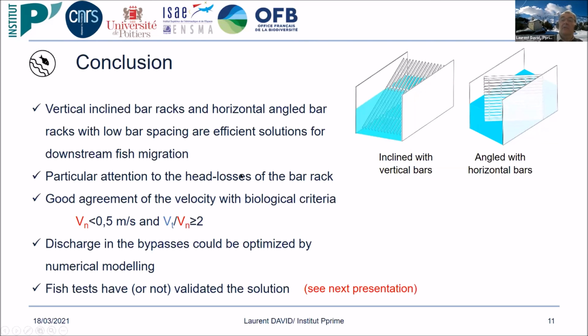Also, it's really important to show the effect of each element. We have also seen the good agreement of the velocity with biological criteria. And also, we studied the discharge in the bypasses, and by numerical modeling, we are able now to optimize and to propose also a different shape or size to improve the attractivity of all the bypasses.